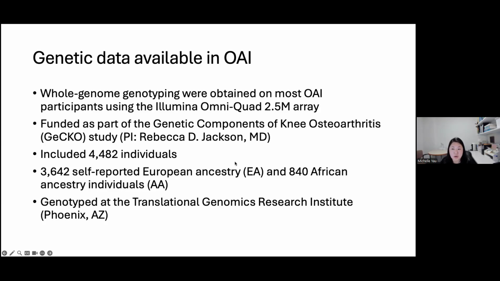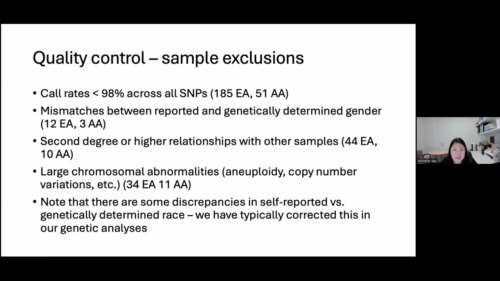We do have almost 1,000 African ancestry individuals who are genotyped, and they were genotyped at the Translational Genomics Research Institute. With these data, we had a number of quality control metrics that we used. First were the sample exclusions.